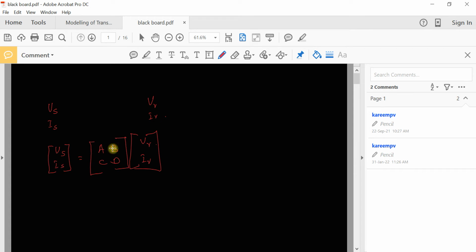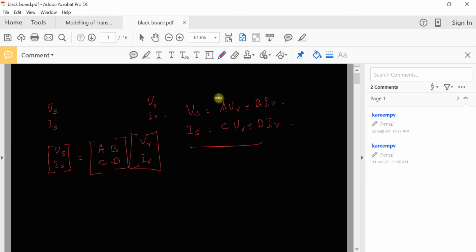So here you can see that Vs is equal to AVr plus BIr. Similarly, Is, the sending end current, is equal to CVr plus DIr.